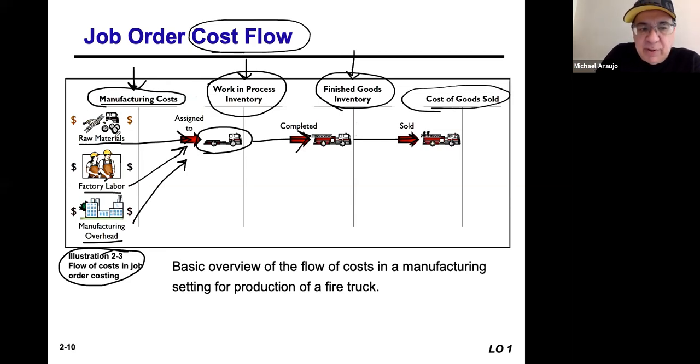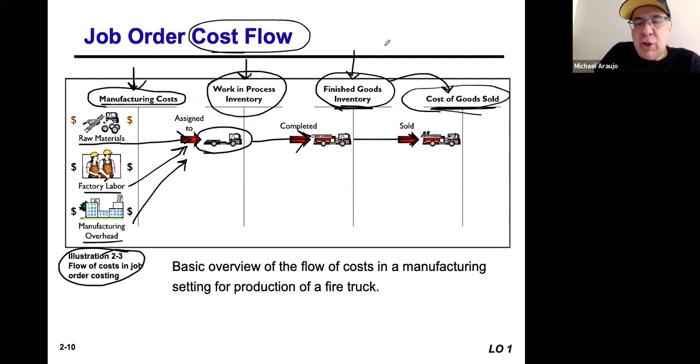Manufacturing costs like raw materials, factory labor, and overhead, work in process inventory, and finished goods inventory are all under the asset accounts in the subsidiary ledger. Once the inventory is finished and then sold, well, then it moves to cost of goods sold, which, as you know, is on the income statement because it is an expense account.